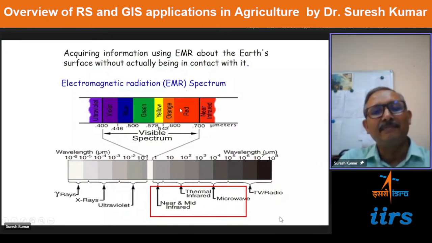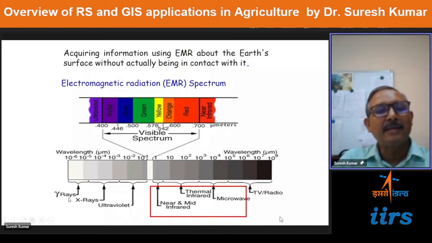But with a remote sensing satellite we can see beyond this visual wavelength region also, which is the advantage. We can see the near and mid infrared region, the thermal infrared region, and microwave electromagnetic radiations. These three wavelength regions are also utilized in remote sensing, which our eyes cannot sense. These are specialized electromagnetic radiations where we get a lot of information about natural resources.